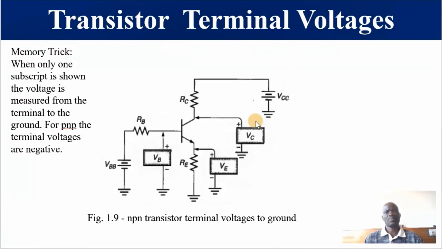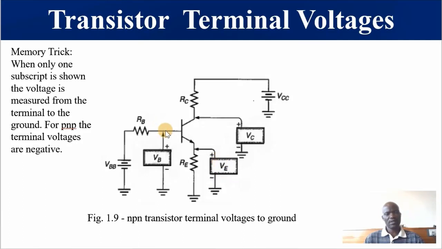These are measured with respect to the ground, and this is our ground. The ground is also acting as the negative terminal, as you can see. This is the collector, so the voltage from the collector to ground or to the negative terminal, we call it collector voltage. The voltage at the emitter with respect to the ground or the negative terminal, we call it the emitter voltage.